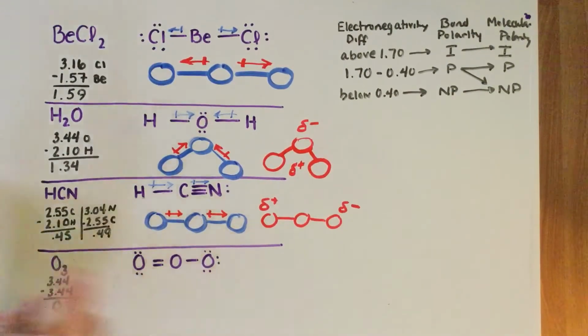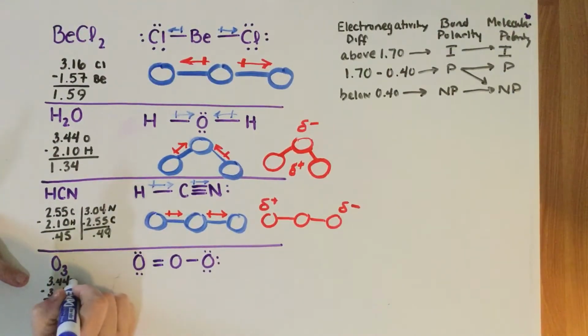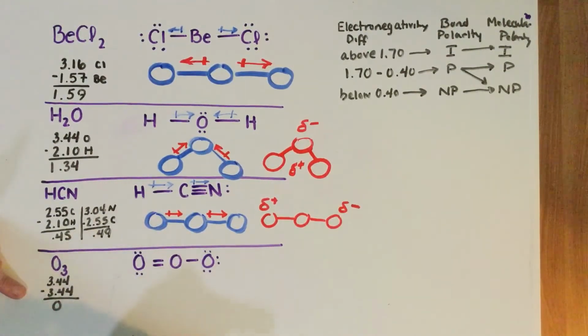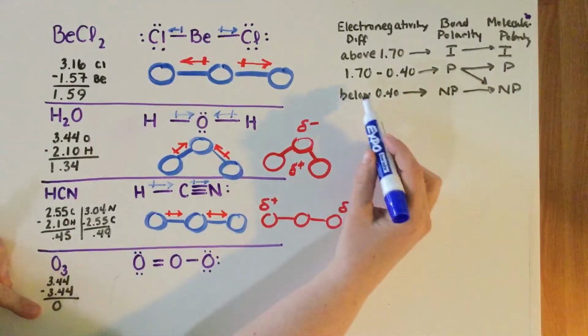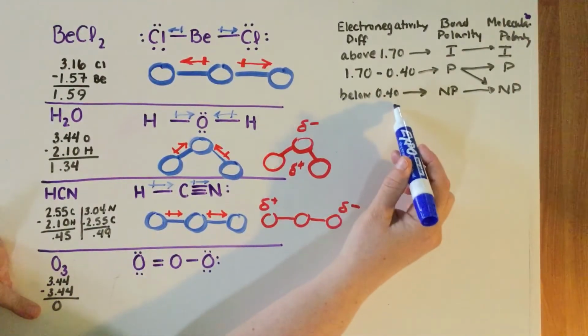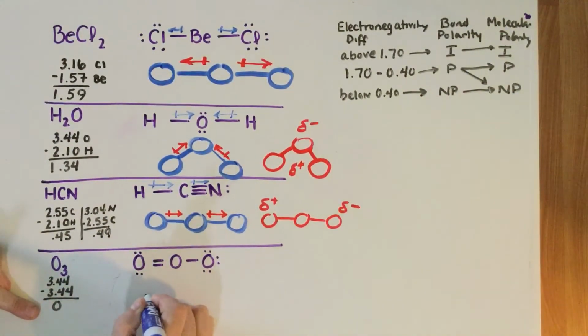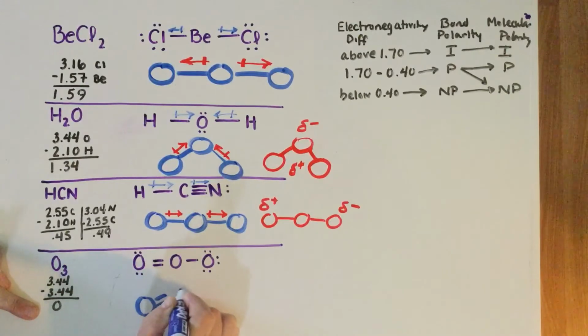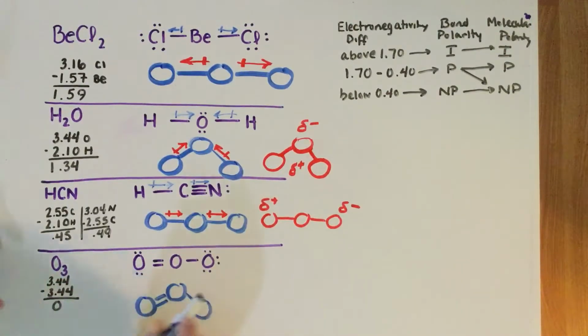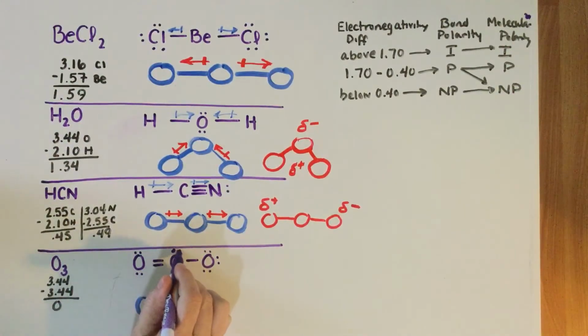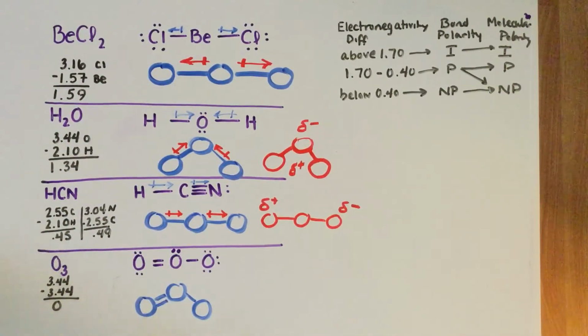The fourth example I have here is ozone, that's O3, which when we take 3.44 for the first oxygen minus 3.44 for the second oxygen, obviously we're going to get a 0 for our electronegativity difference. 0 electronegativity difference is below 0.4, which means the bonds are nonpolar, which means the molecule is automatically nonpolar, even though this one would also wind up being bent since it has the pair of dots on the center, which I totally didn't forget.